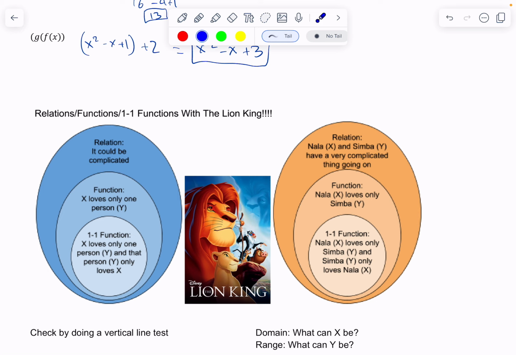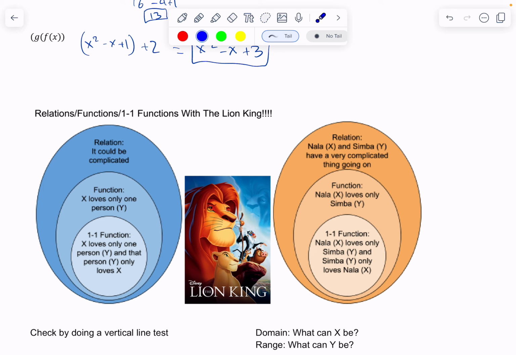If it were a function, then that situation would be, hey, Nala only loves Simba. Oh, that's sweet. Is Simba only loving Nala? I don't know, but I know that Nala only loves Simba, and that is just a function. As for a one-to-one, it is the situation where Nala loves only Simba, and Simba only loves Nala.